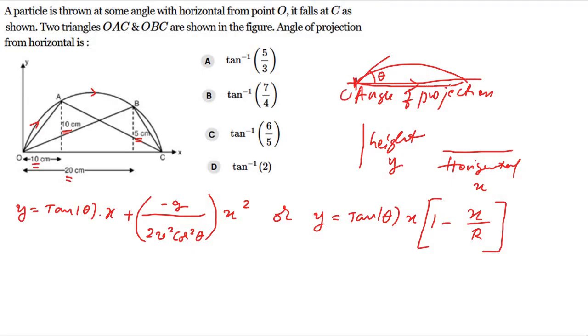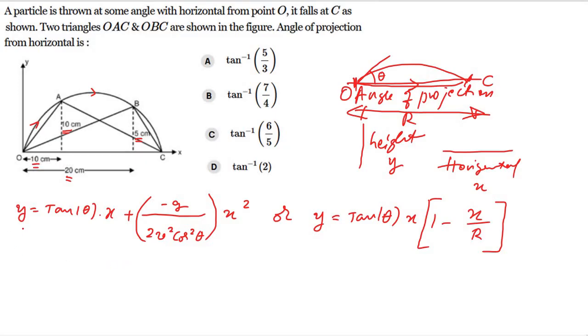So from this point O to this point, which is C in our given picture, this distance becomes our R, which is called range. Well, so we got to know each and every parameter in our equations. So let us move further.